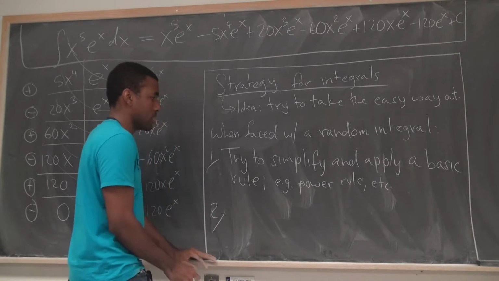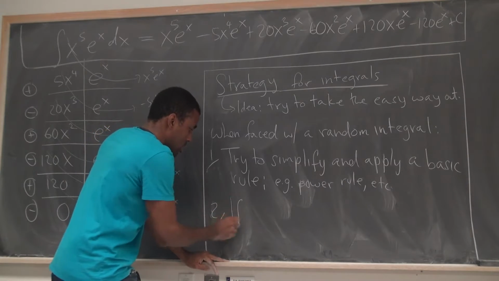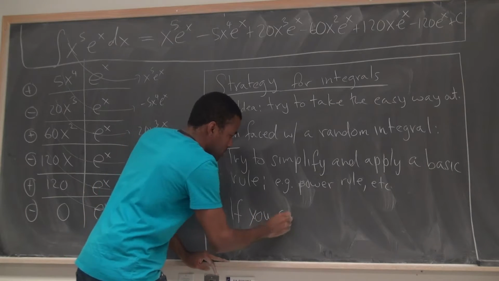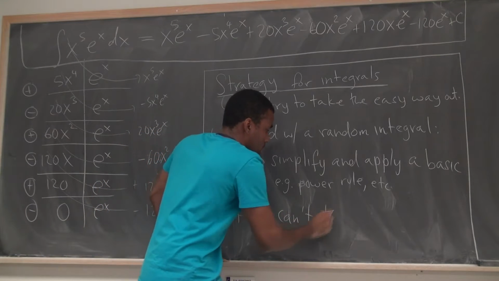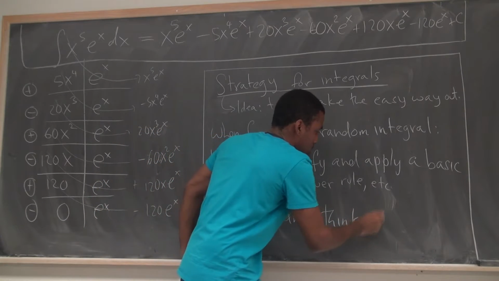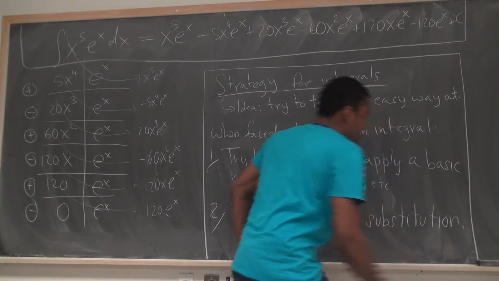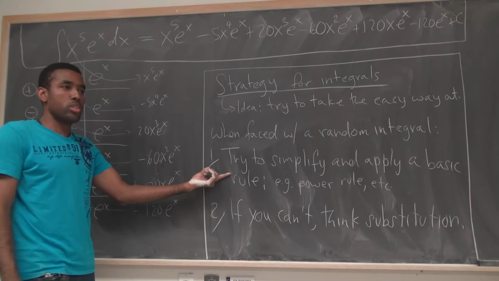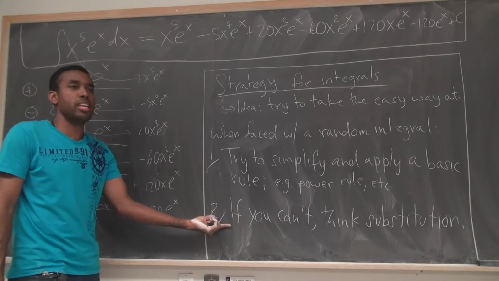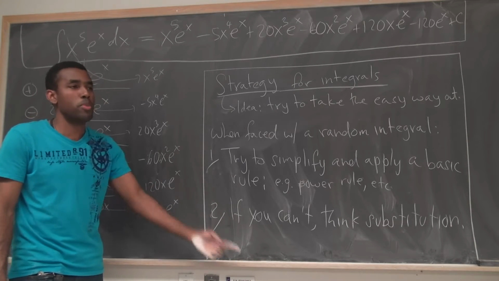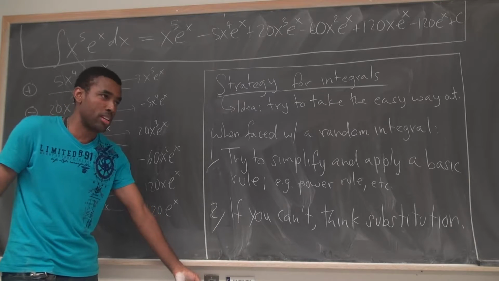Two, if you can't, think substitution. If a basic rule doesn't work, substitution should automatically be the next thing you think of. Don't skip and start thinking integration by parts or something else fancy.